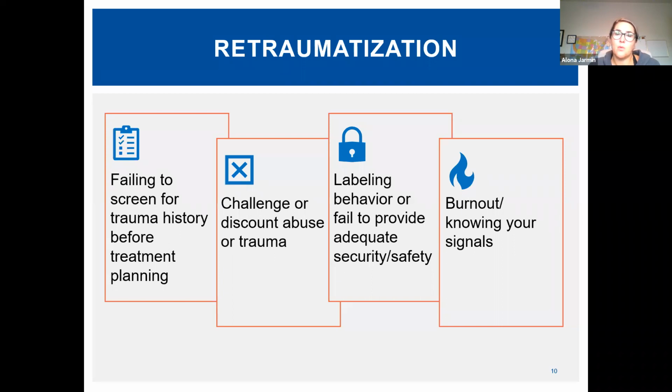Like I had mentioned, the fourth R that SAMHSA had defined, to resist re-traumatization, means that we have to do our part by screening, preventing labeling behavior, or failing to acknowledge that a staff member is getting burnt out, otherwise known as compassion fatigue.